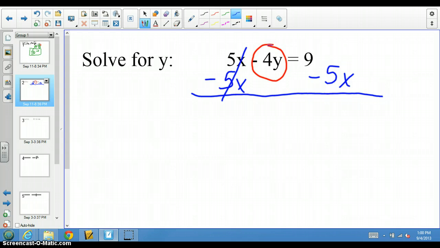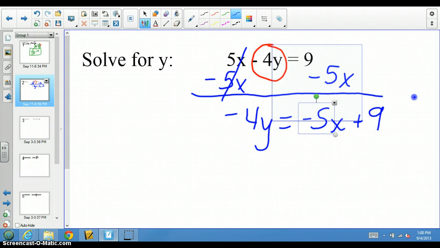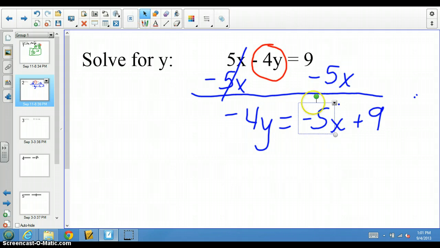So 5 minus 5 is 0x. So now I have negative 4y equals negative 5x plus 9.